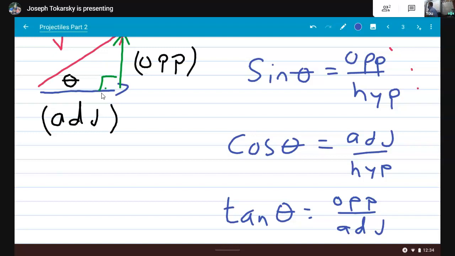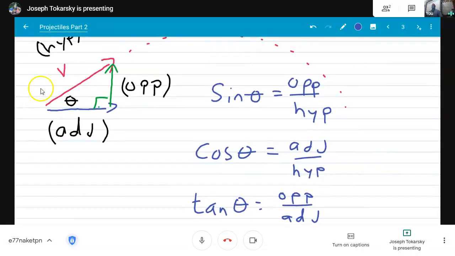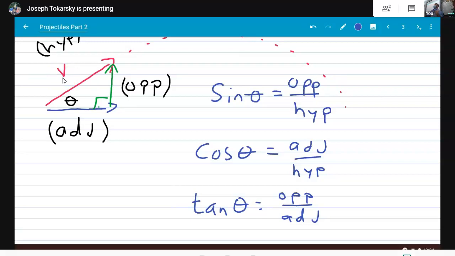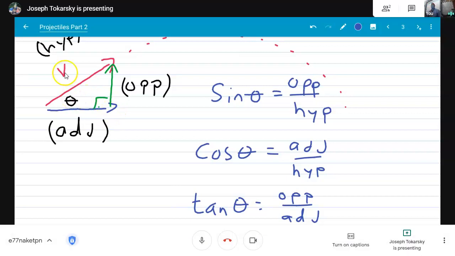Now, why is this all important? Because my goal is, if I know what this hypotenuse is, the hypotenuse is going to be whatever the velocity is at the angle. So if I tell you something like, I throw something, or fire something, at 30 meters per second at an angle of 40 degrees, that means I know the angle and I know this side of the triangle. But what I'm going to need is this side and this side.